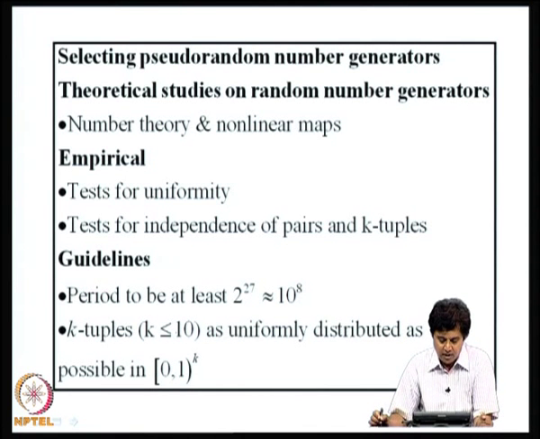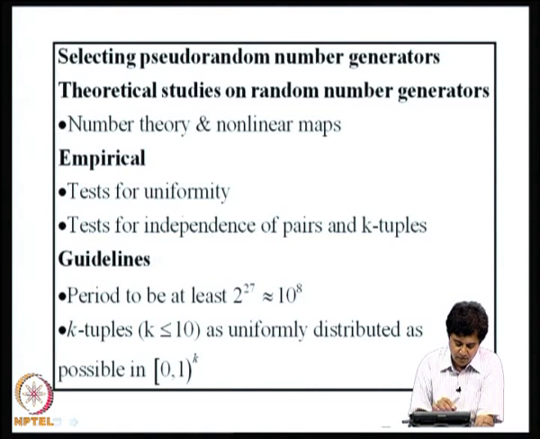So, selecting pseudo-random number generators, this choice is based on theoretical studies on random number generators. It involves number theory and study of nonlinear maps. If you are doing it empirically, you have to test for uniformity, test for independence of pairs and k tuples and so on and so forth.